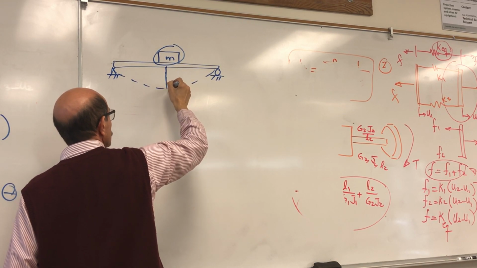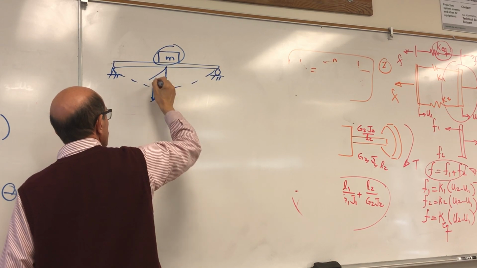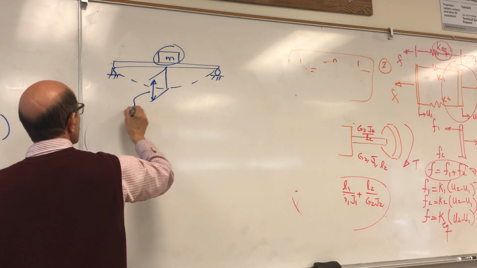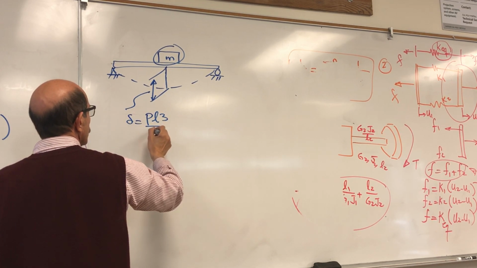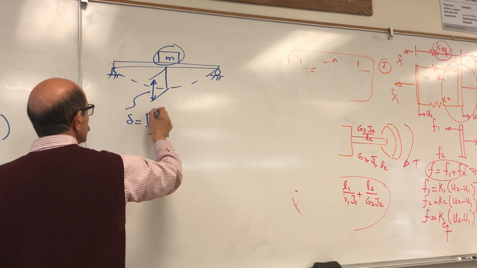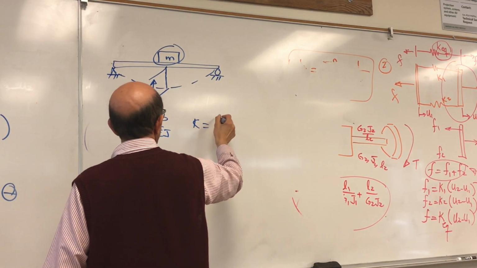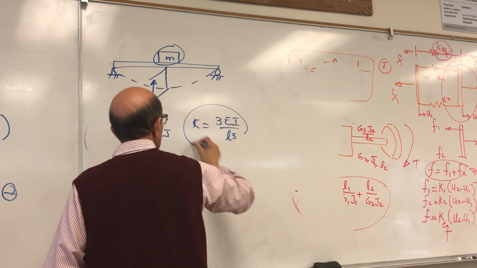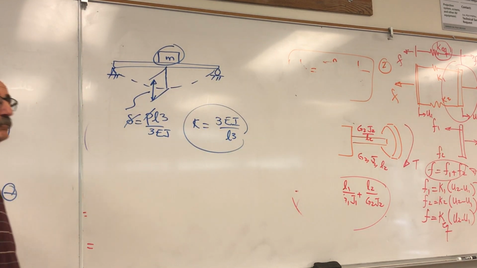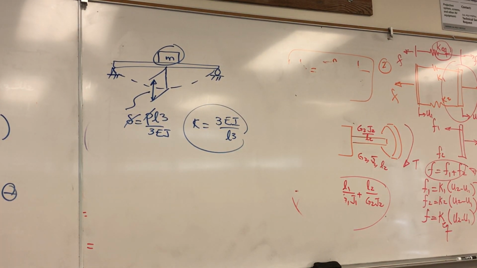The structure would experience a displacement here, which is the maximum displacement, delta equals PL cubed over 3EI. So the stiffness is 3EI over L cubed. So that is the stiffness of this beam, okay? So we can substitute and find that.